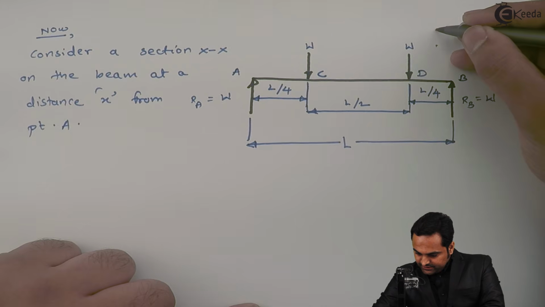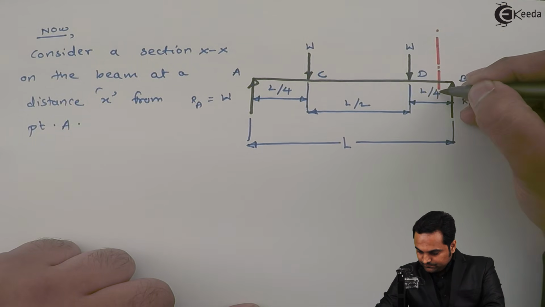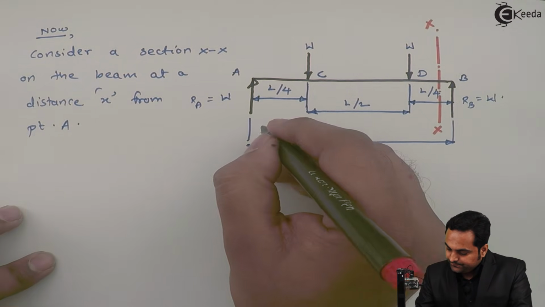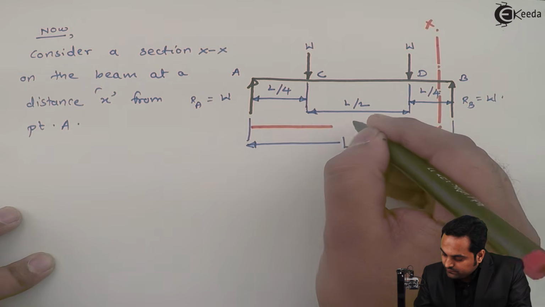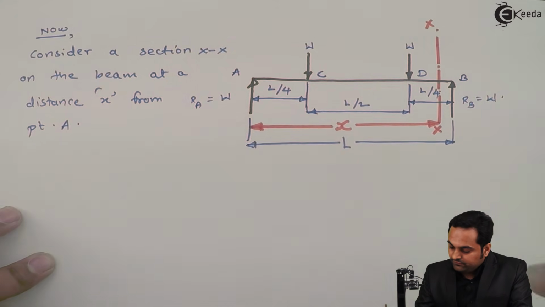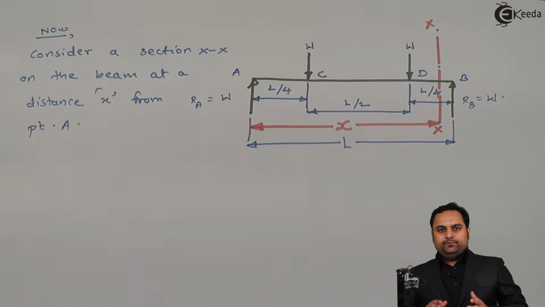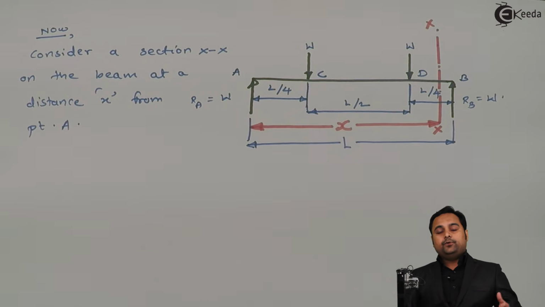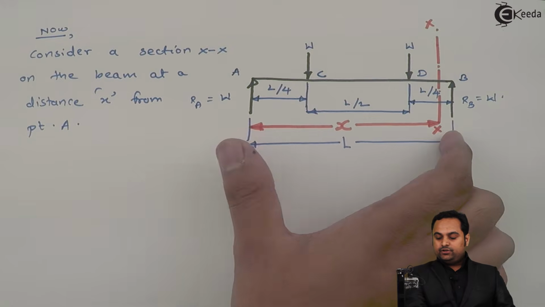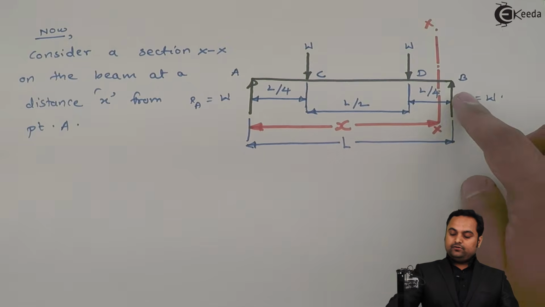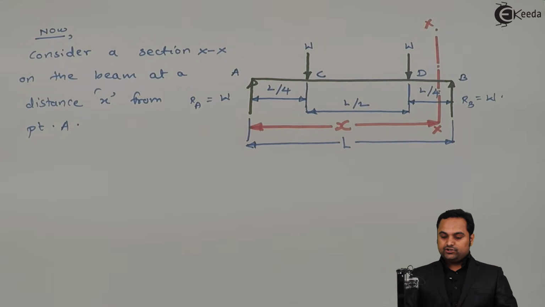So I'll take the section XX located at distance x from point A, because while solving Macaulay's method we have to take a section far away from point A and it should be close to point B. So here I have taken the section XX, which is at distance x from point A, far away from A and close to point B. Such should be the location of the section.